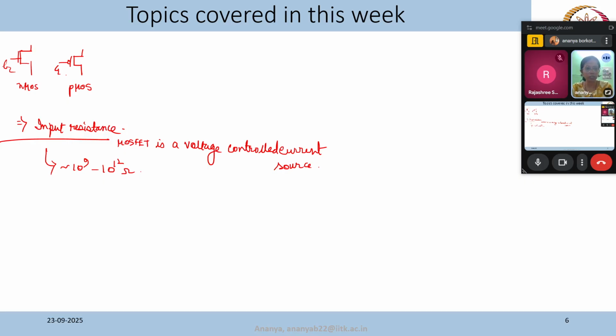There is no current conduction, so that means there is a very high resistance. We only want that voltage drop; we ideally don't want any current conduction. That is why the input resistance will be very high, because of the oxide layer. Now what is the output resistance?